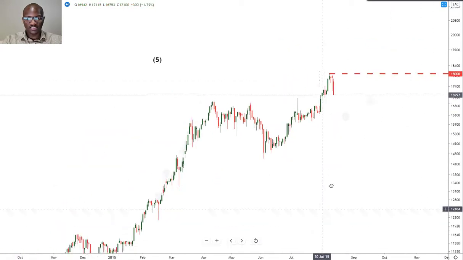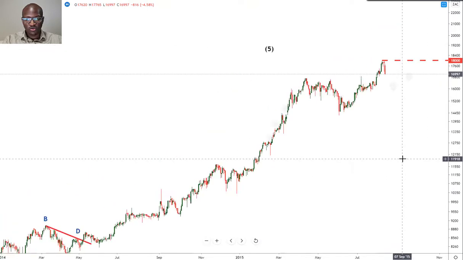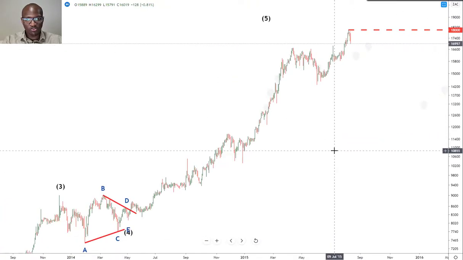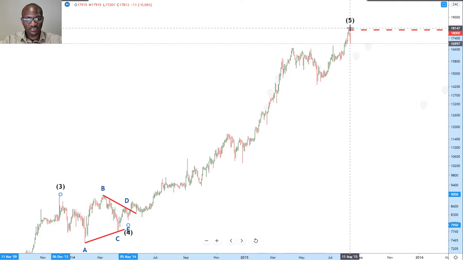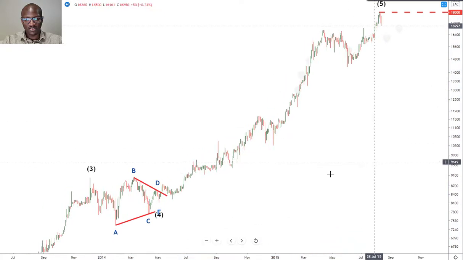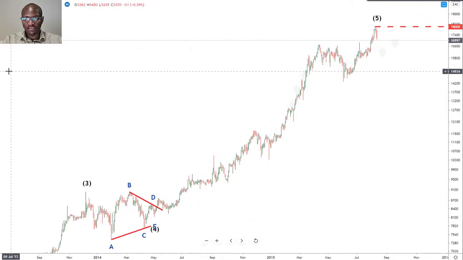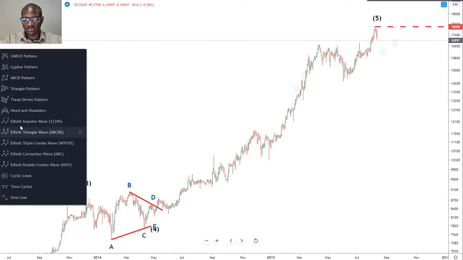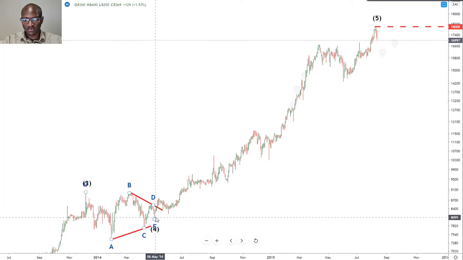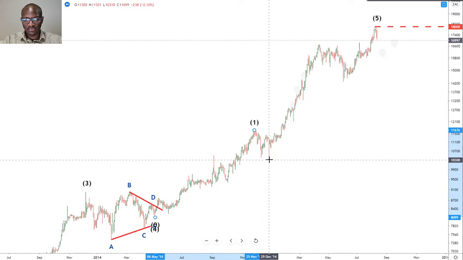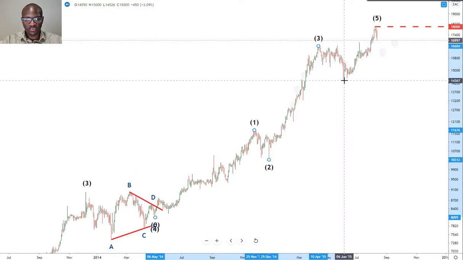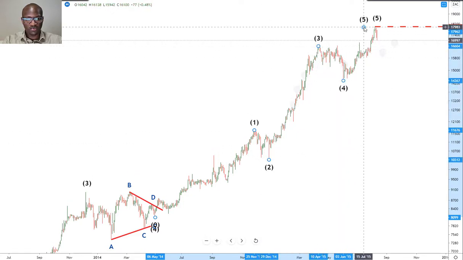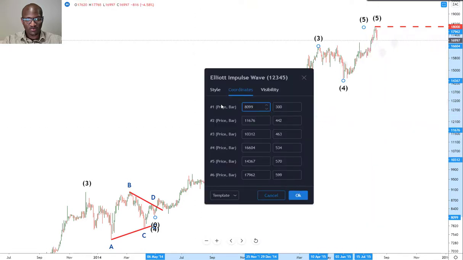And just to confirm that the fifth wave also unfolded in 5 waves, we can label this advance as 1, 2, 3, 4, and wave 5.